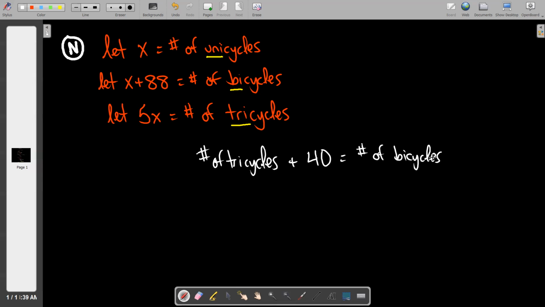First off, who did they make more of, bicycles or tricycles? Definitely bicycles, because they're saying they made 40 more bikes than trikes. So that's why I have to take the number of trikes and add 40 to get the number of bikes.